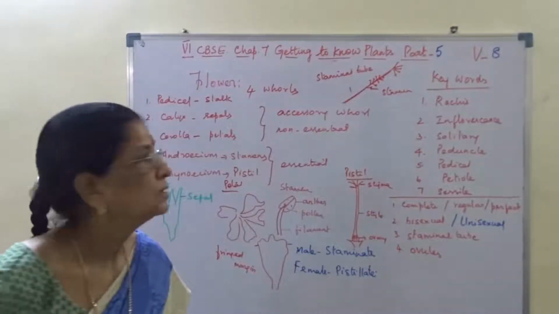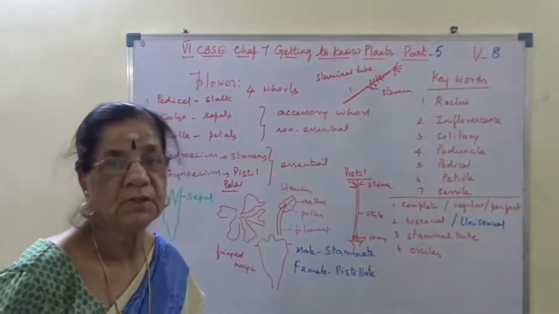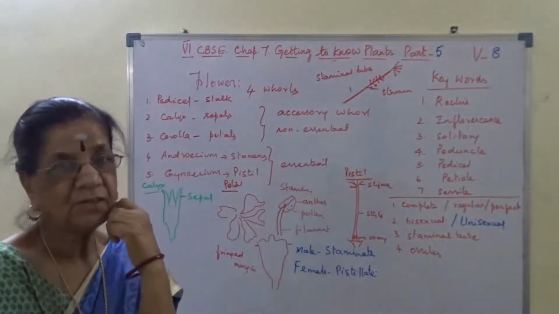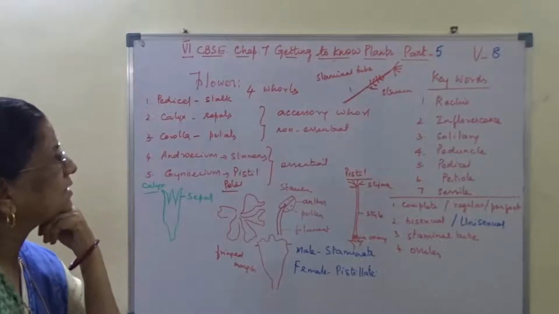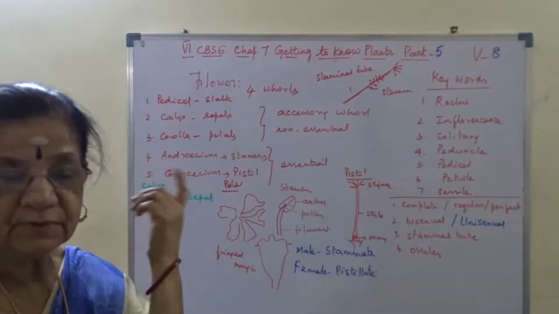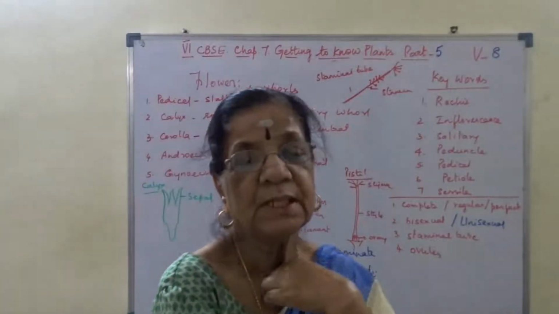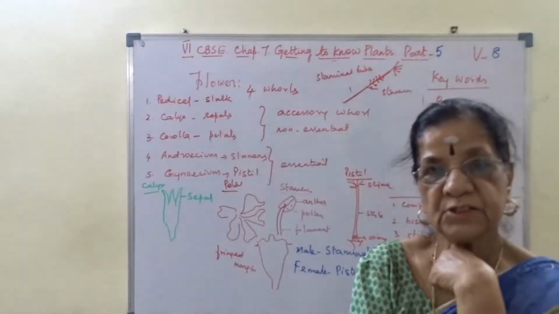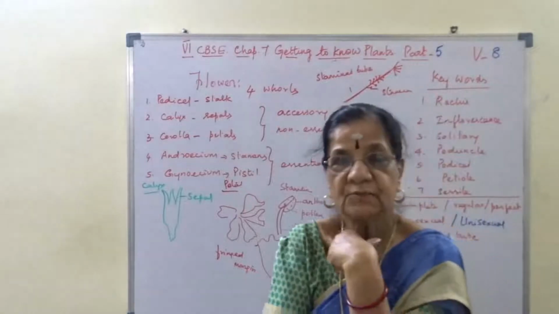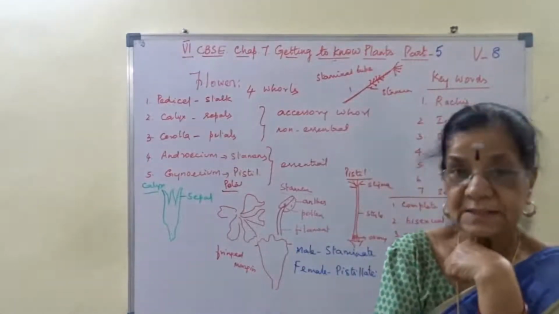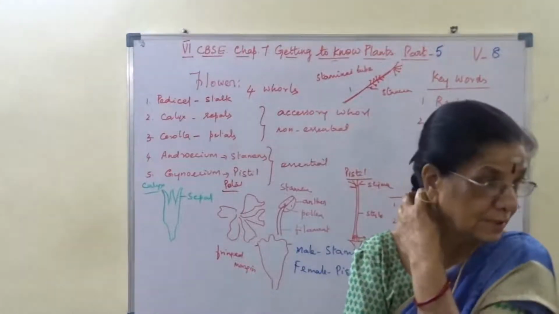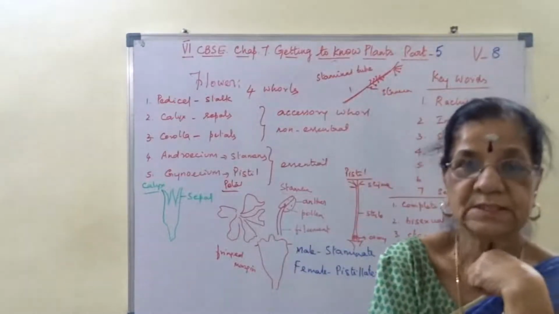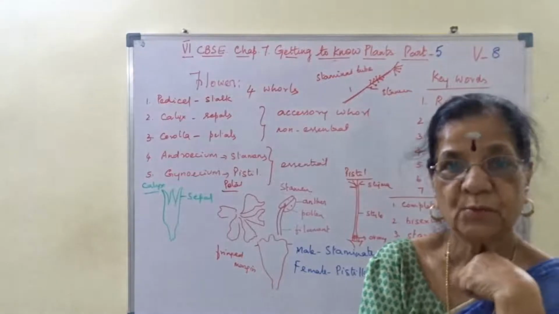In video 7, we learned about the structure of a flower. In continuation of that, in video 8 we have to study the functions of a leaf. I hope you follow.